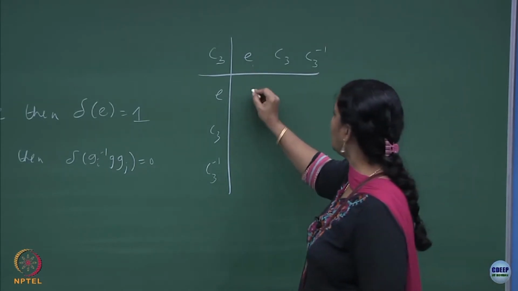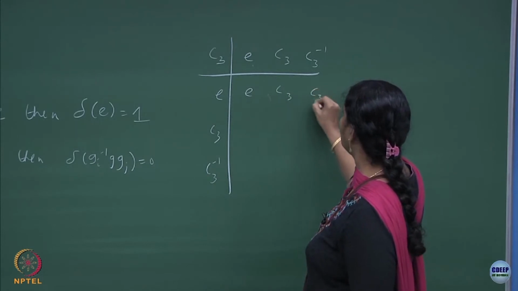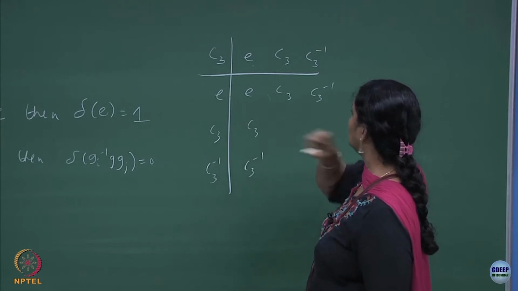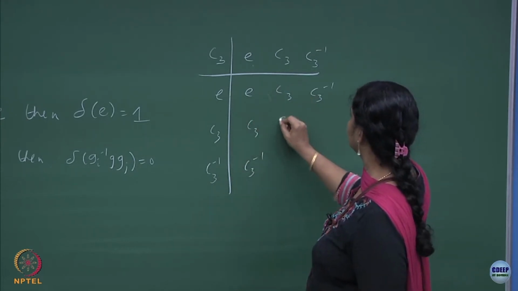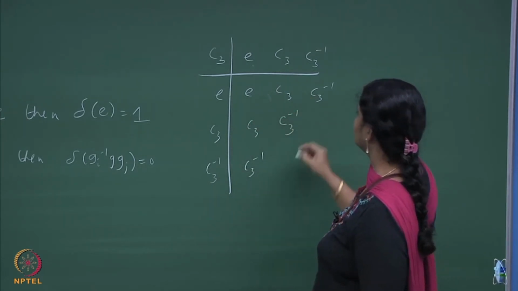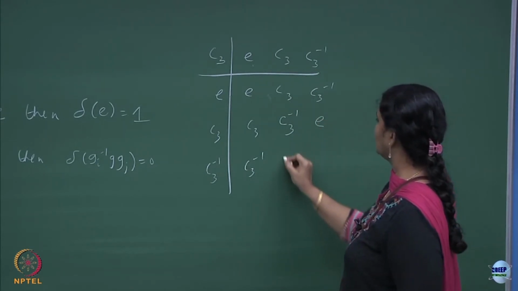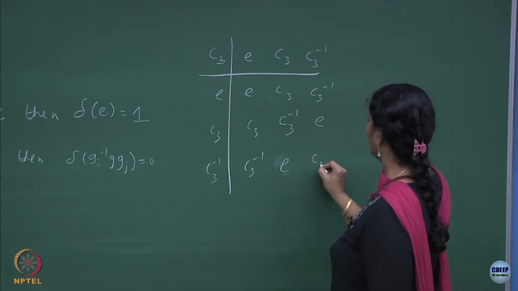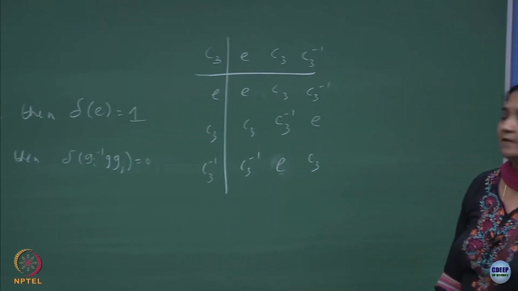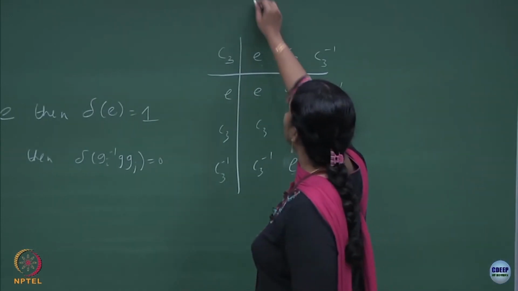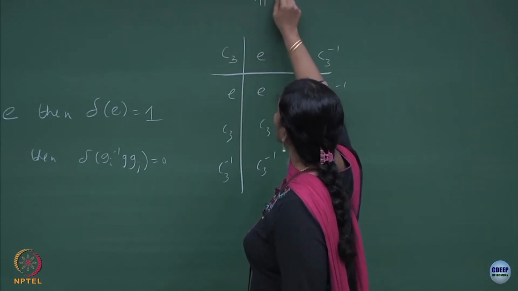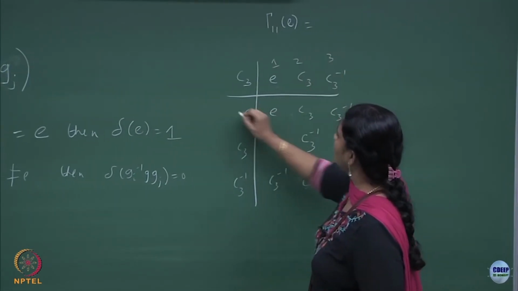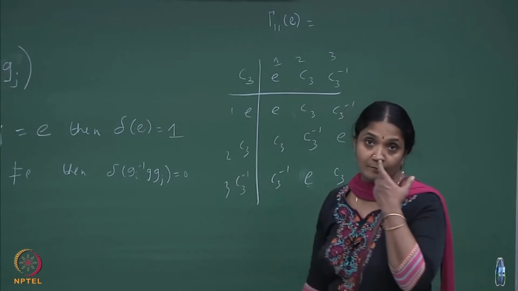So, let us first write the multiplication table. Is that right? This is the multiplication table. So, let us do gamma 11 of E. I am going to call these 1, 2 and 3, 1, 2 and 3 in the multiplication table.